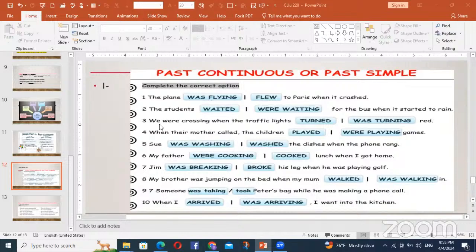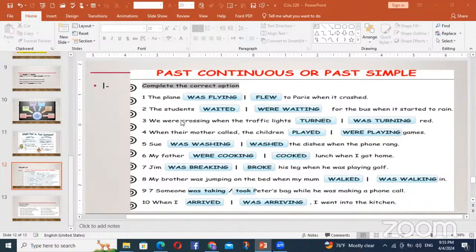Was turning. But it says here we were crossing when the traffic lights... do traffic lights take a long time to shift from yellow to red and from red to green? Turned. Okay, Sarah? It is turned, because the shift between the different three colors doesn't take time. It happens and finishes quickly.